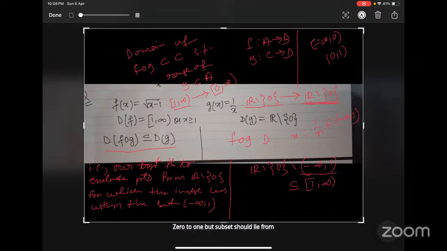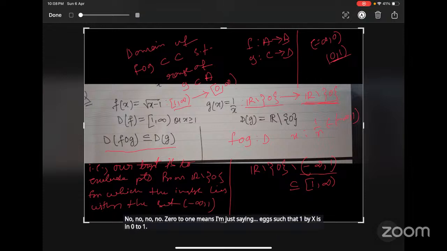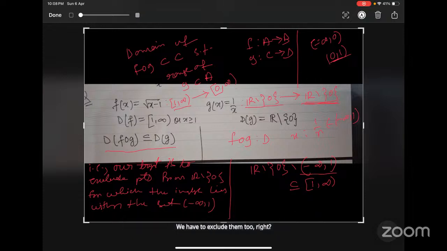Like the domain of f is 1 to infinity. So 0 to 1 points will not be included in the domain of f. No. 0 to 1 means I'm just saying x such that 1 by x is in 0 to 1. We have to exclude them too, right? Those x for which 1 by x is inside 0 to 1.